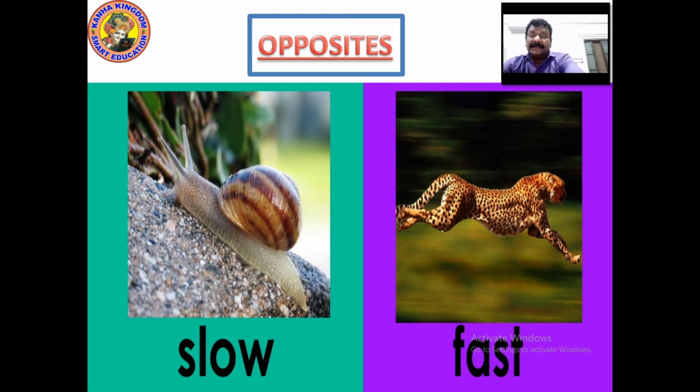When it jumps, it crosses almost the length of its body. Its legs jump like a spring, right? So this is the fastest in the jungle. Please write it down. Slow, fast. Opposite of fast is slow and slow is fast.